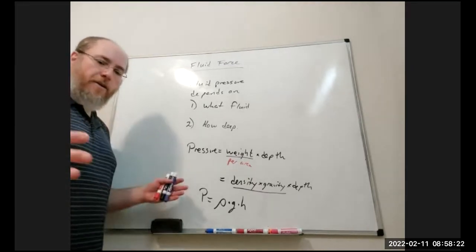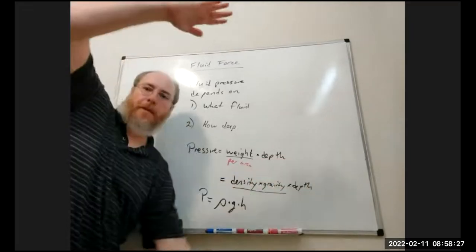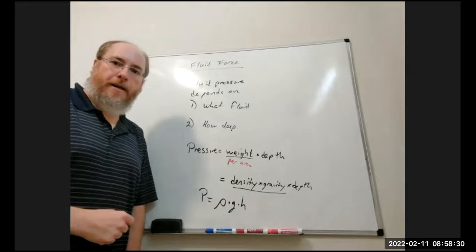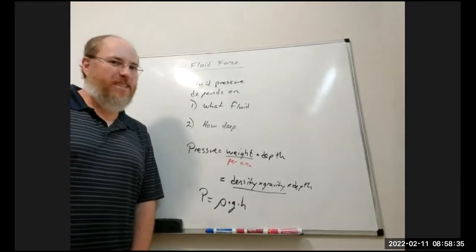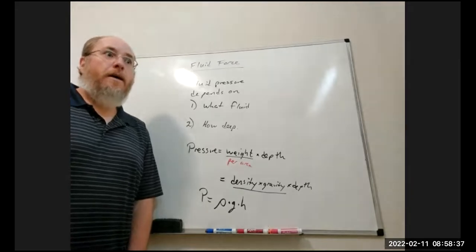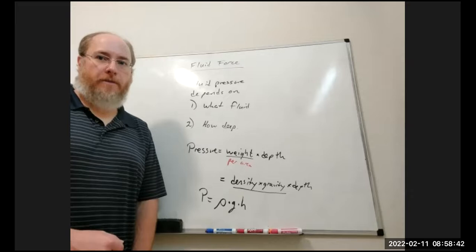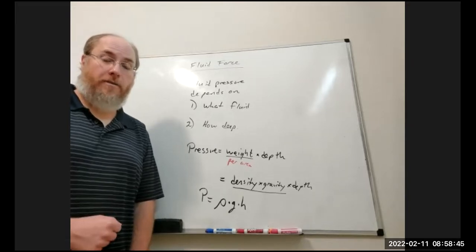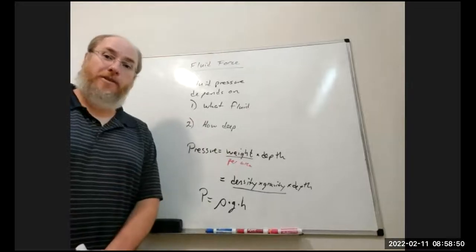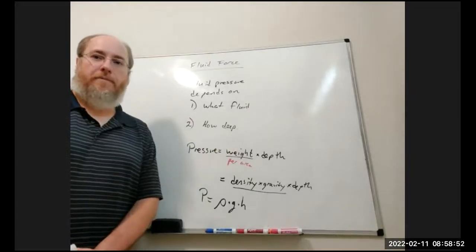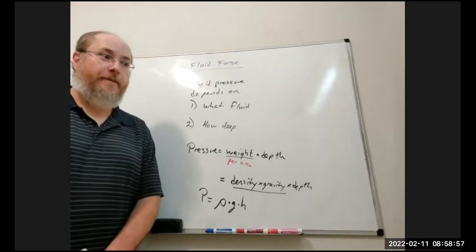If you have a meter long box, and I make a box a meter by a meter by a meter, that air weighs 1 kilogram, which is not much, 2.2 pounds. Water is 1,000 kilograms per cubic meter, so it's 1,000 times as dense. So you take that same 1 meter by 1 meter by 1 meter and you fill it with just fresh water, that's 1,000 kilograms. So it's a little bit different, right?